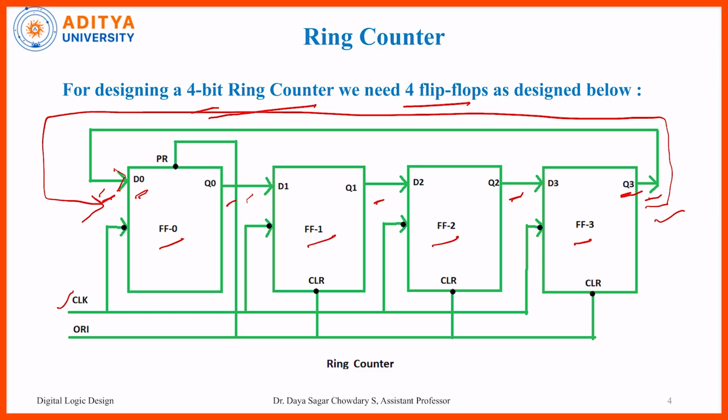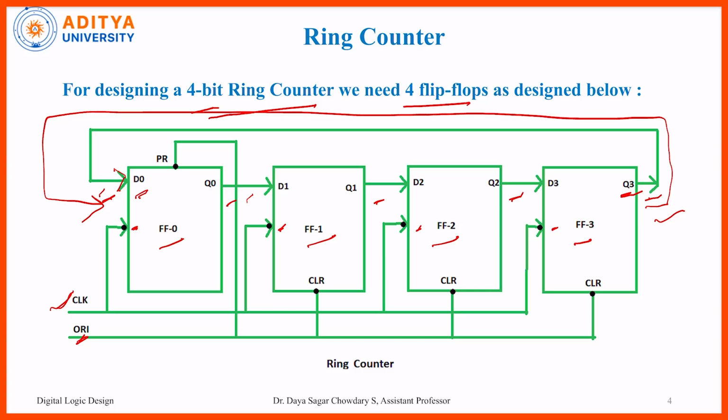This simple ring counter contains the clock signal, CLK. CLK is given to all the flip-flops. Wherever we are using the clock signals, we apply the same clock to all the flip-flops. That is why we call this a synchronous circuit. And ORI, which we will discuss in the next stage, we call an overriding input.